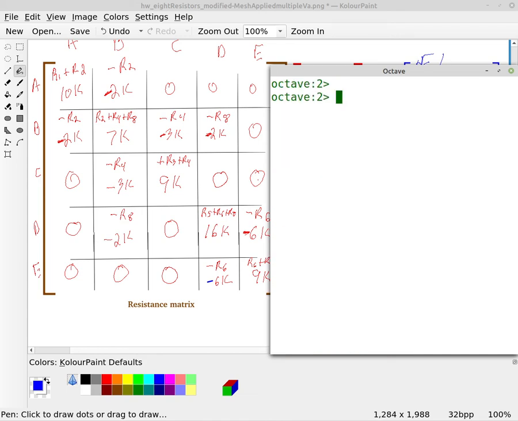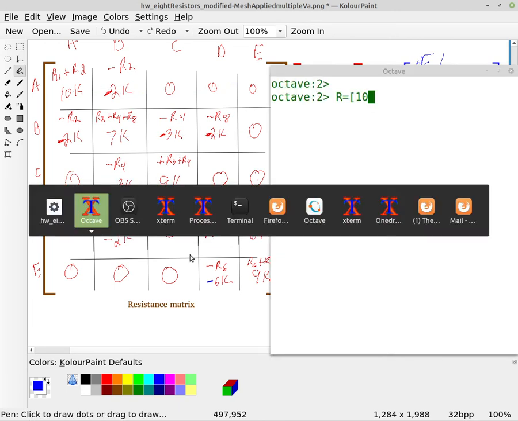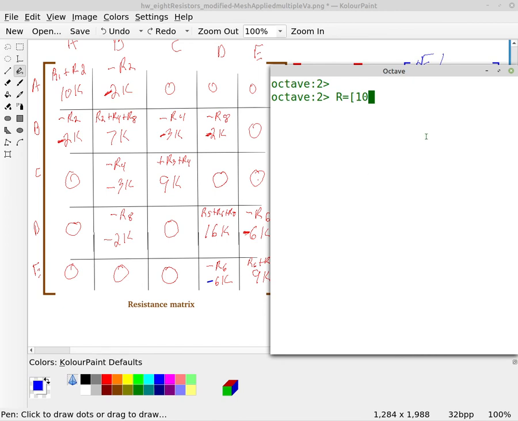And so now I'm going to build my R matrix, my resistance matrix, just getting this right over here. I'm just going to do every row and then the next row and the next row. And so we're going to have R = [10, -2, 0, 0, 0.